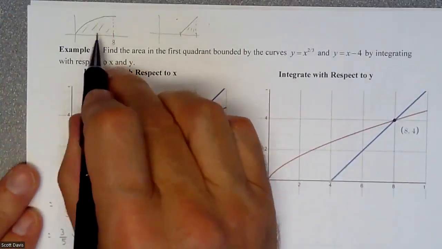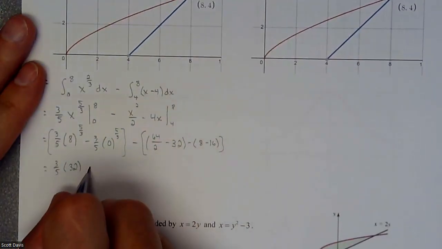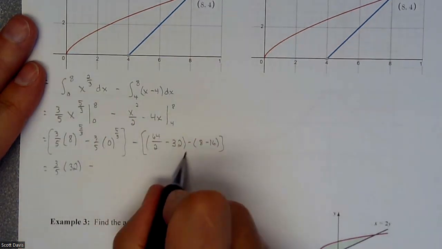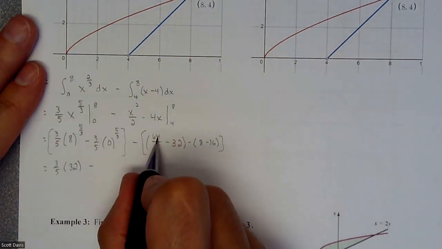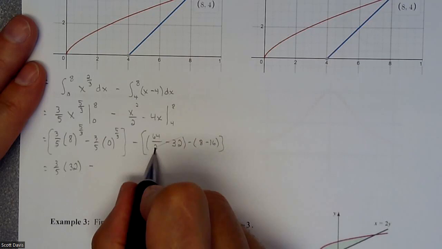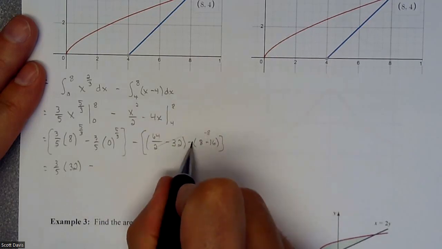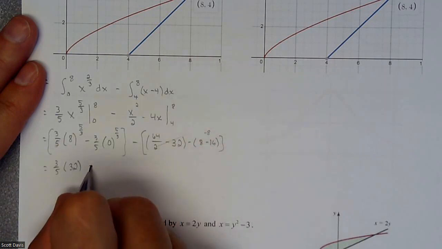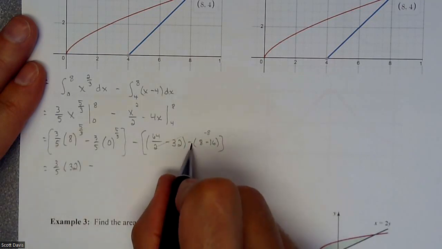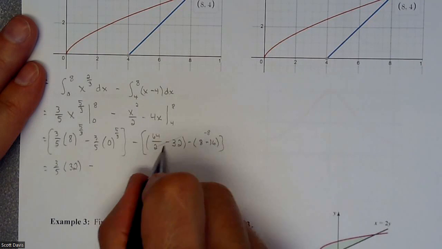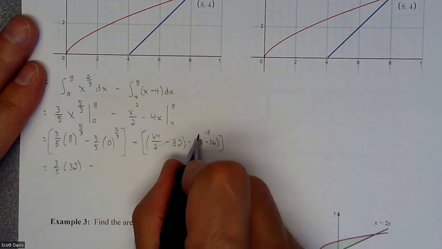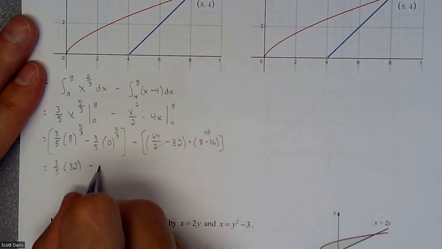Area of the whole thing. And then I'm going to subtract out whatever this all turns into. So that's 32 minus 32, that goes away. And then we have 8 minus 16 is a negative 8, with another negative on here. So that ends up being a positive 8, but we're subtracting this positive 8.